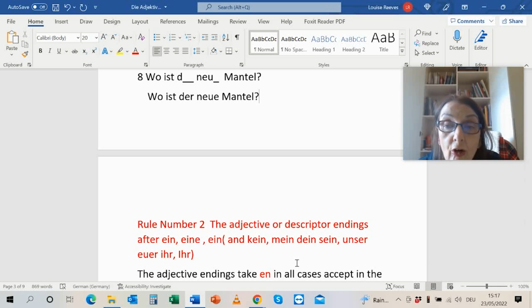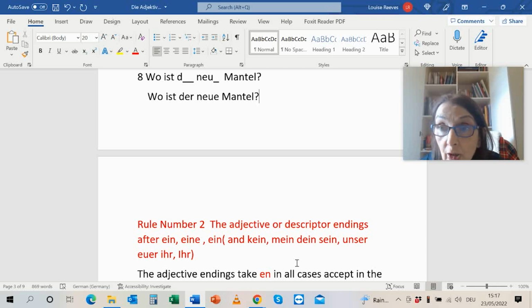The adjective or descriptor endings after eine or ein, which is the indefinite article, a, or the word kein, which means no, or mein, dein, sein, or unser, euer, ihr, and ihr. So all the possessives are my, yours, his, hers, and our.